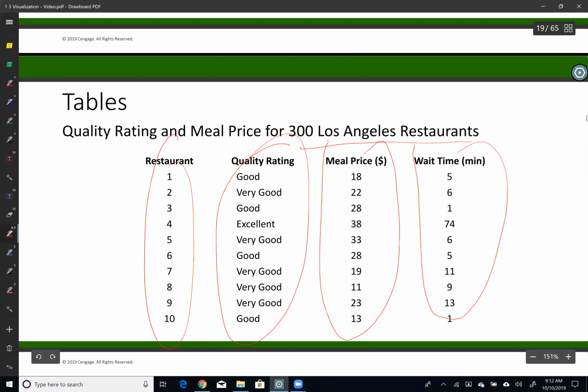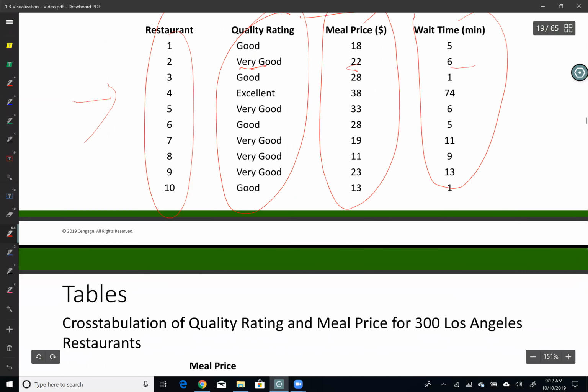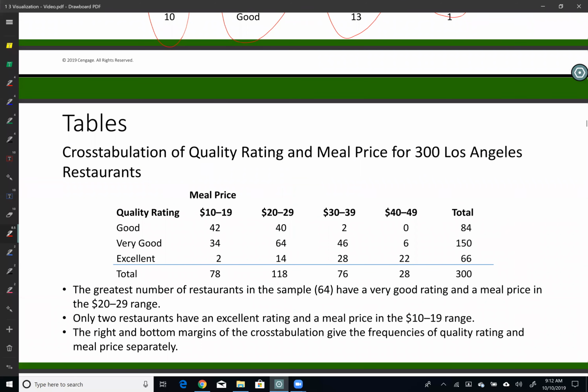So this data is hard to see the way it is because I cannot see what's going on, which one is better. Is very good, 22, the good thing, 6 minutes, I don't know, right? That's why we do cross tabulation. So for example, I can keep my first column good, very good, excellent, and put the meal prices.